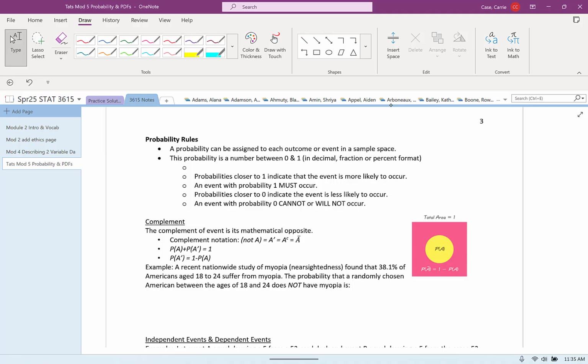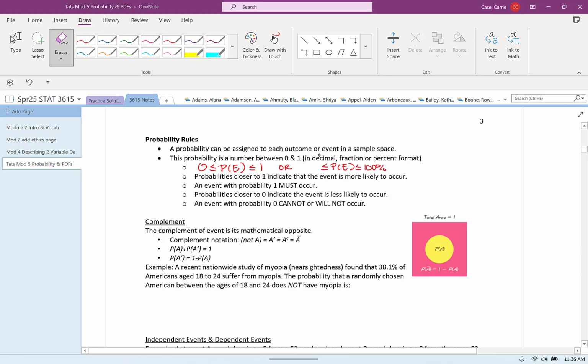Probability rules govern the math on how things behave. A probability can be assigned to each outcome or event in a sample space. This probability is a number between 0 and 1 in fraction, decimal, or percent form. So the probability of some event E is between 0 and 1, or if we use percentages, it's 0% up to 100%.